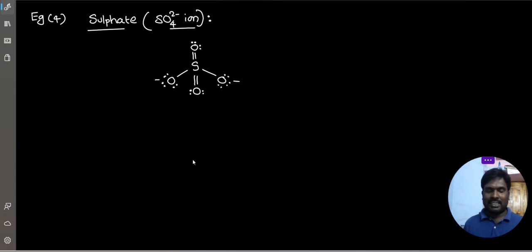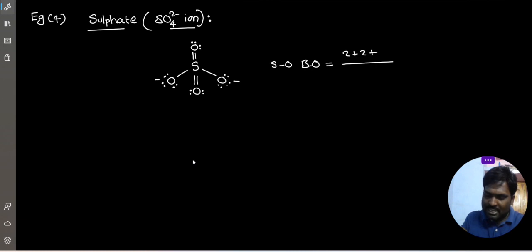Yes, 100%. Then you can use the simple formula: the sum of all the bonds surrounding the central atom divided by the total surrounding atoms. The SO bond order is the surrounding bonds 2 plus 2 plus 1 plus 1, which is 6, divided by 4 atoms.